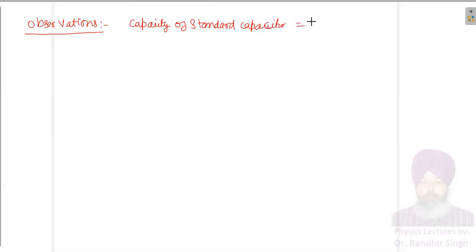It is CS. It is 50 microfarad, and it is 50 into 10 raised to power minus 6 farad. This is given. This is our first observation.